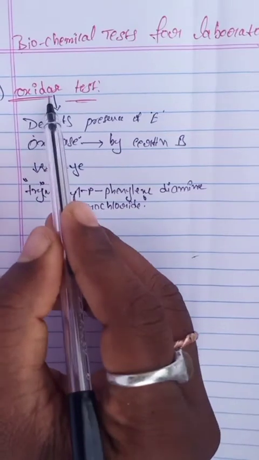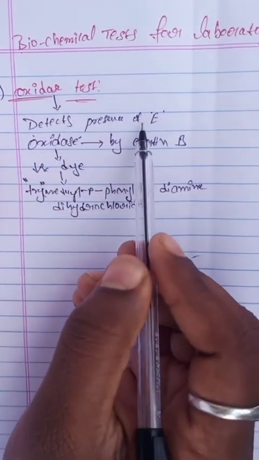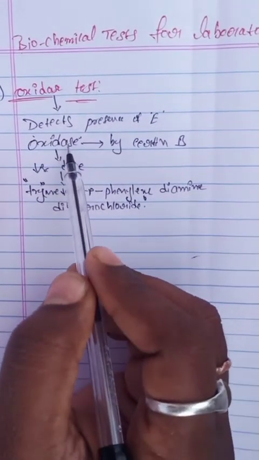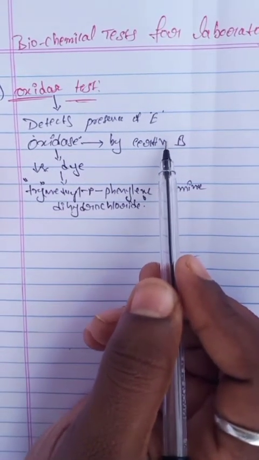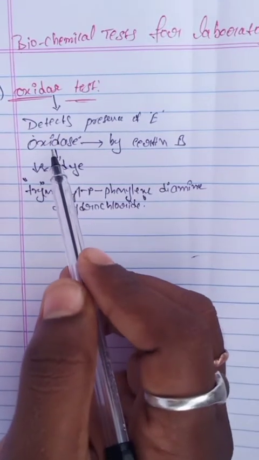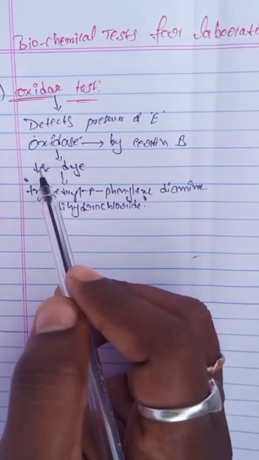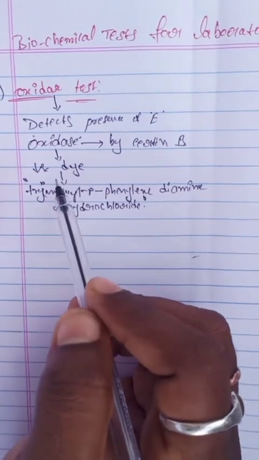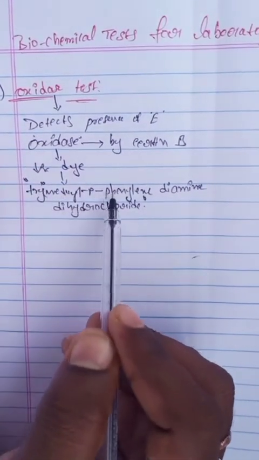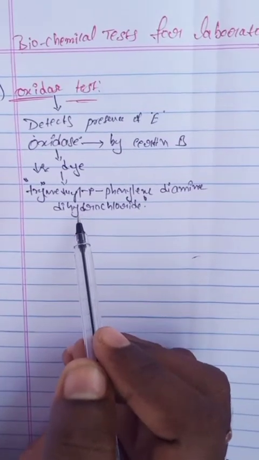So the oxidase test detects the presence of an enzyme. Which enzyme? The oxidase enzyme, produced by certain types of bacteria. The oxidase enzyme causes the reduction of the dye, trimethyl paraphenylene diamine dihydrochloride.